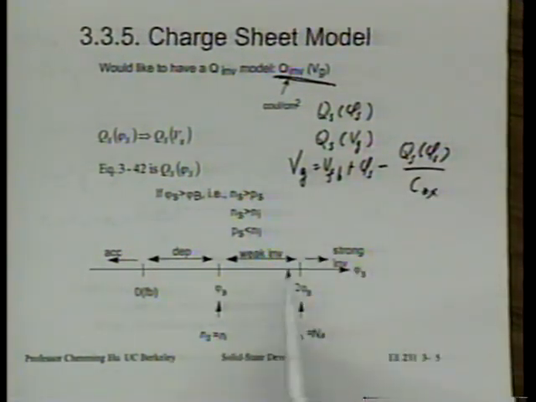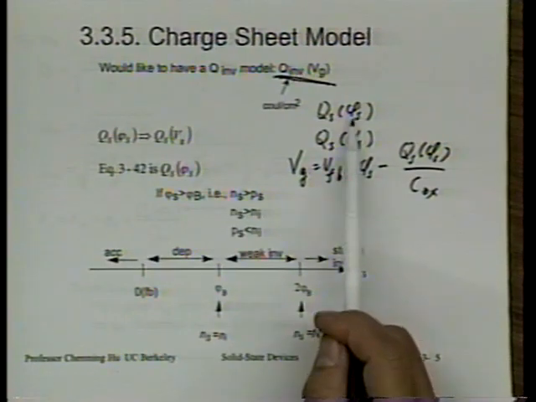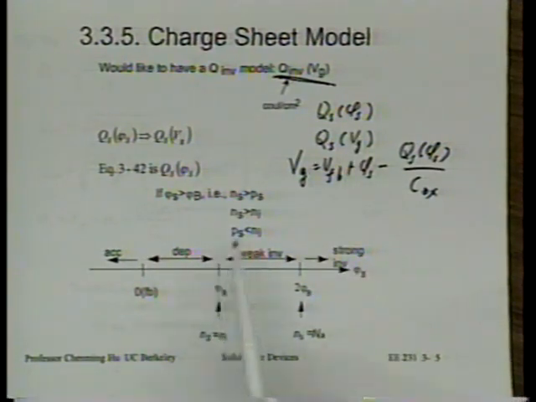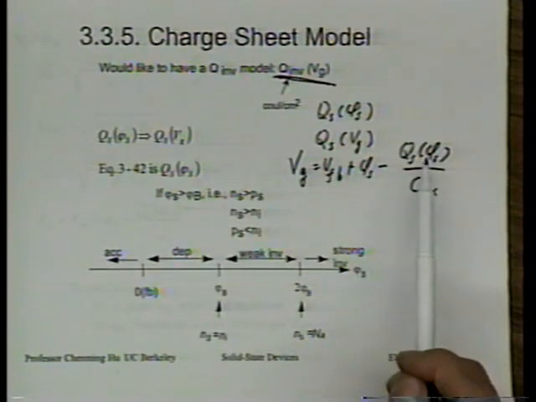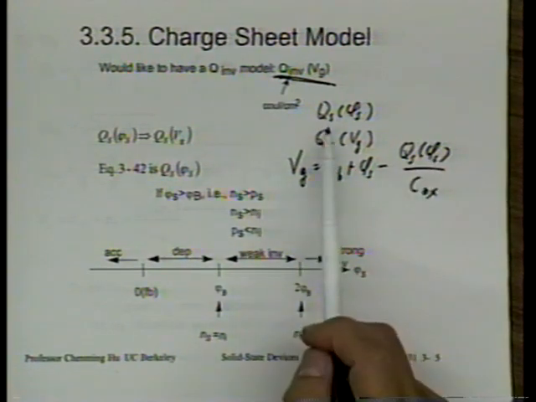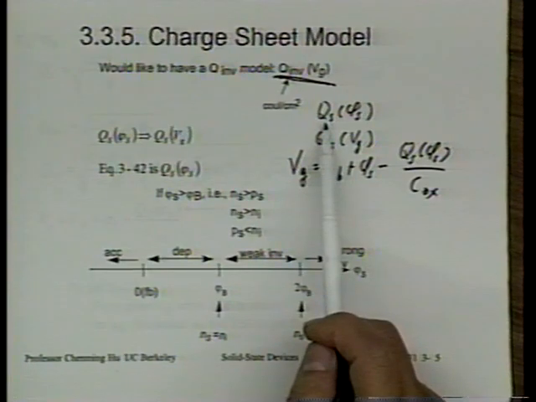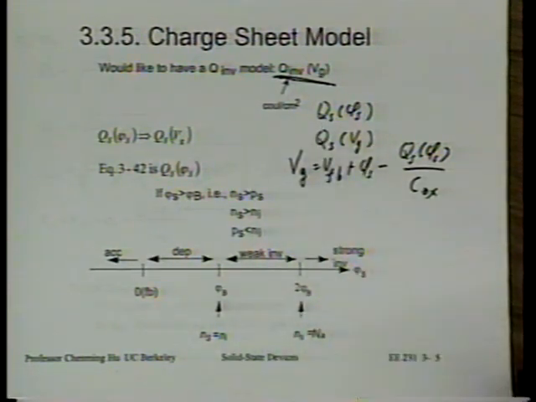This allows us to relate Q and VG to phi s, right? But it's mathematically complex. In addition, we don't know what Q inversion is. All we know is QS as a function of phi s.